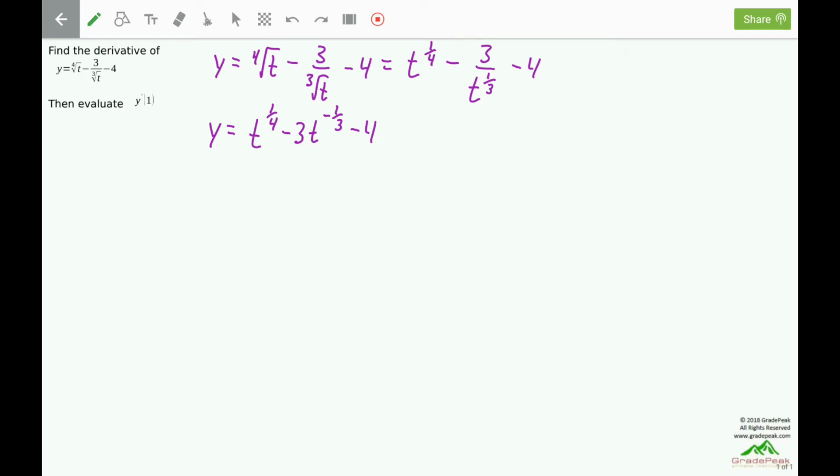We can now take the derivative y prime, which can also be written as dy dt. The first term is a power rule. We'll bring the 1/4 down, t raised to the 1/4 minus 1, which 1 is 4 over 4.